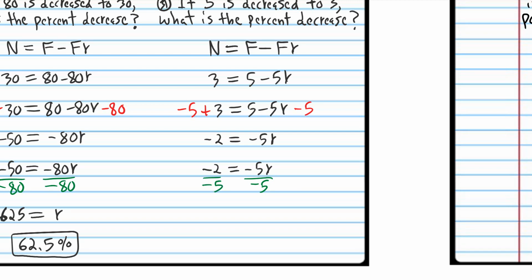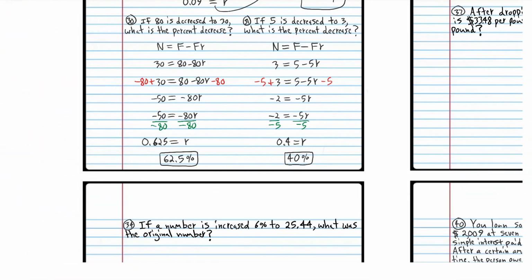All right, and 2 divided by 5 is 0.4. Move the decimal 2 places over and you get 40%. So if you got 40%, good job.